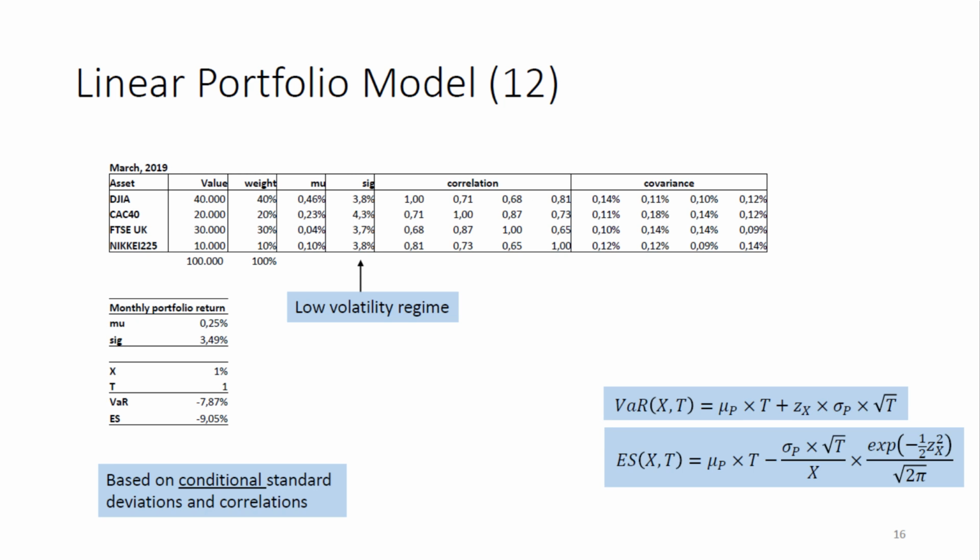I'm going to calculate the mean and the standard deviation for the portfolio return from the means and the covariance elements of the individual assets in the portfolio at the 1% level. And here I see that this is another conditional model, but now we are in the low regime, and the value at risk and the expected shortfall calculations give numbers as low as minus 7.8% and minus 9% for the expected shortfall.